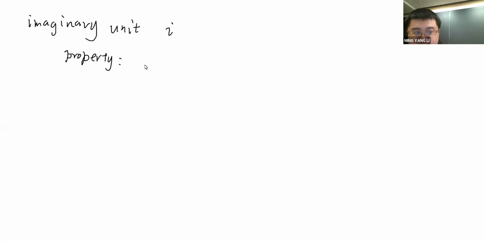Let's see first. If we consider the special I as a variable, then of course it always has one property, which is that any variable to the power of 0 always gives you 1, because no matter what your base is, to the power of 0 you always get 1.